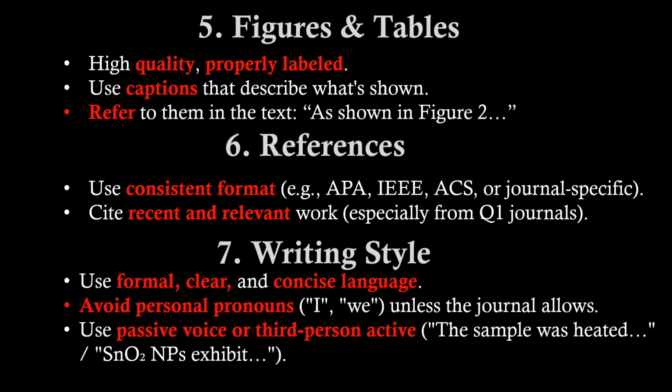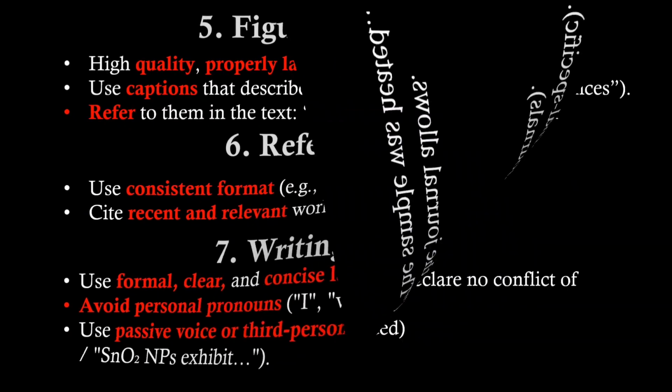But try to avoid that. Use passive voice or third person active. For example, the sample was prepared, and so on. In that context, you can write the sentence, instead of using I and we. So avoid using these personal pronouns.